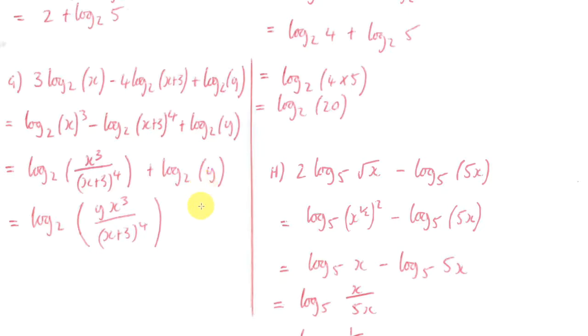Finally, because we've got an addition of these two terms and they're involving log base 2, I can simply take the first bracket and multiply it by the second inside the log base 2. So it's log base 2 of x cubed over x plus 3 raised to the power of 4 being multiplied by y, which is this format here, just a little y on the top line of that fraction.